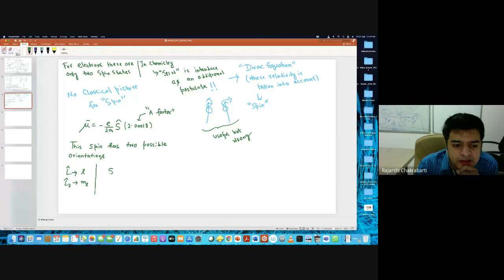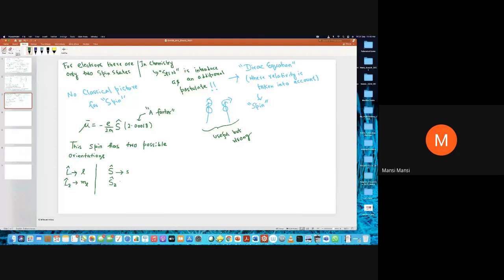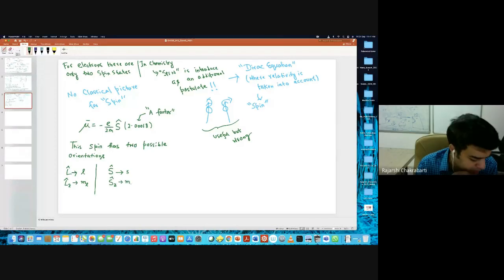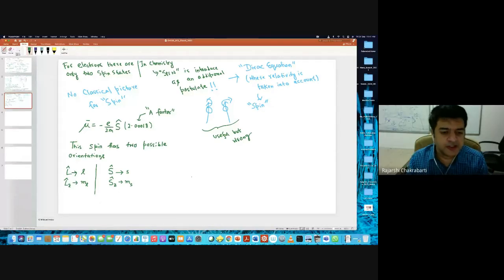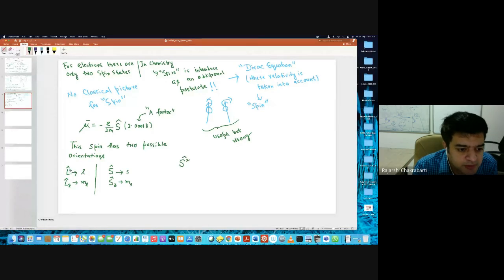Similarly, for spin S, you have a quantum number s, and for Sz, you have a quantum number ms. So just like orbital angular momentum, you have spin angular momentum, and you have operators for spin angular momentum. And what will be the value, the eigenvalues of this operator? Say if I have an operator like this.